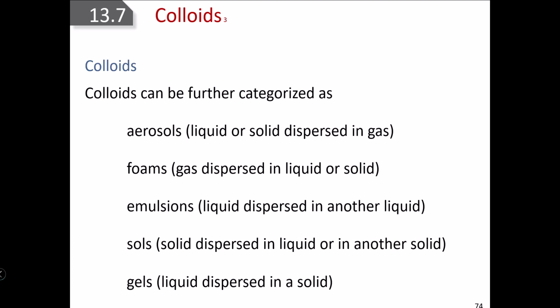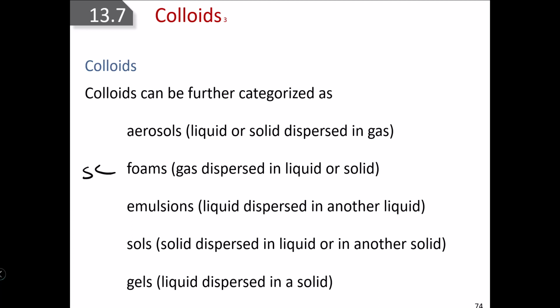So colloids can be categorized as aerosols, foams, emulsions, sols, and gels. I kind of speak the language here. Aerosols, a liquid or solid dispersed in a gas. Foams are gas dispersed in liquid or solid, so think shaving cream here.